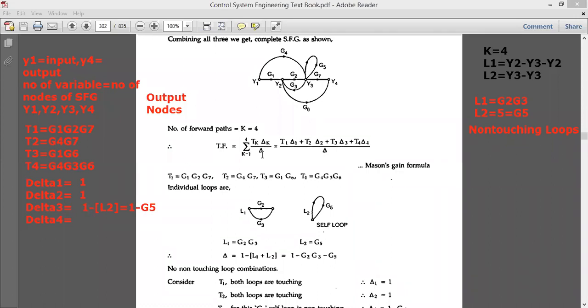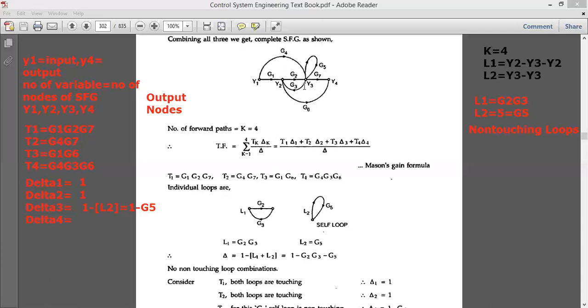Similarly, go for finding the value of delta 4. Again, in delta 4, you should take the value of T4 and check with both the loops. So what is the path for T4? It is G4. This is the upper portion. It will come back to point Y3. It means it is touching this loop at this node from Y3 to Y2.